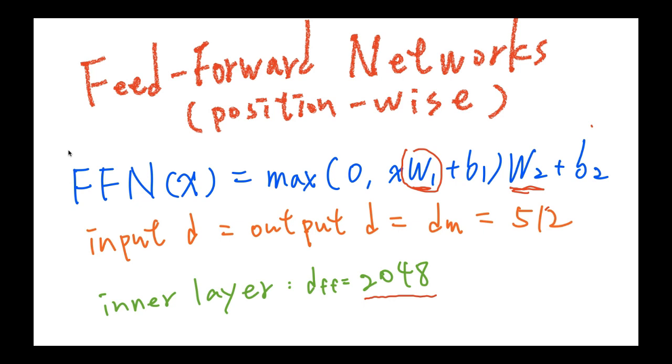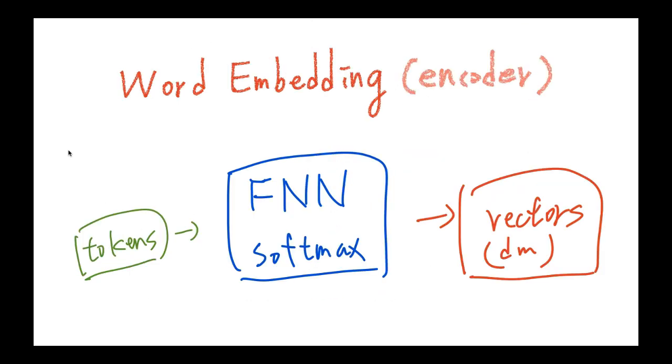The output layer, another fully connected layer, reduces the dimension to 512. So your input and output dimensions are still the same, input equals output, which is 512. But in the middle layer, you increase the dimension a bit.